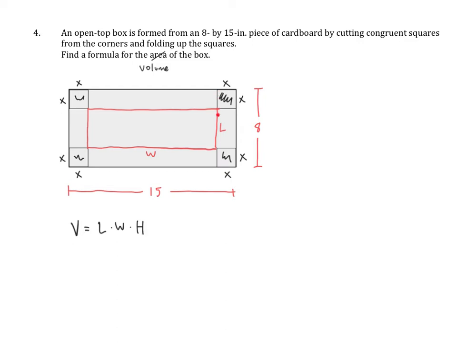Same thing, if this whole thing is 8, and we're cutting out these 2 x's, then this length is 8 minus 2x. And then the height, if we're looking at this flap, once you flap it up, this ends up being the height. So that's just x.